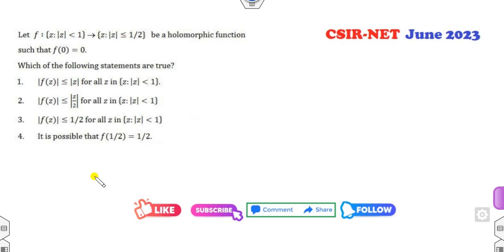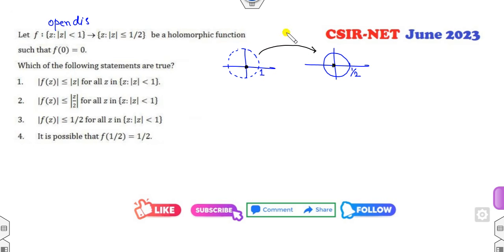F is the mapping from the open disk of radius 1 to the closed disk of radius half. This is half, this is my 1, and 0 maps to 0.